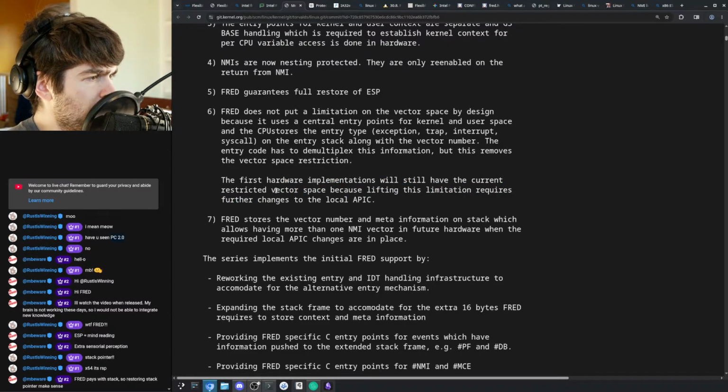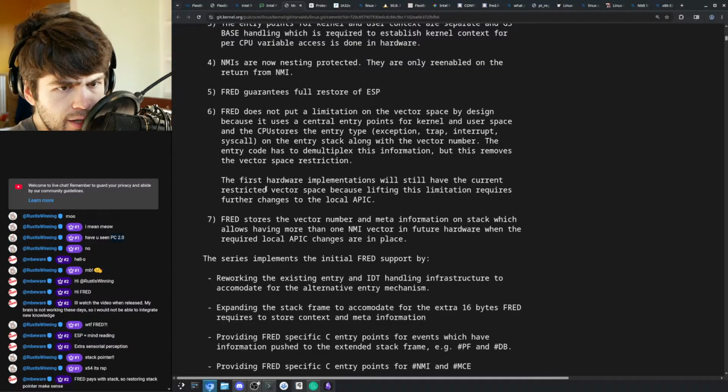The first hardware implementation will have the current restricted vector space because lifting this limitation requires further change to the local APIC. Okay. FRED works with the stack, so restoring the stack pointer makes sense.